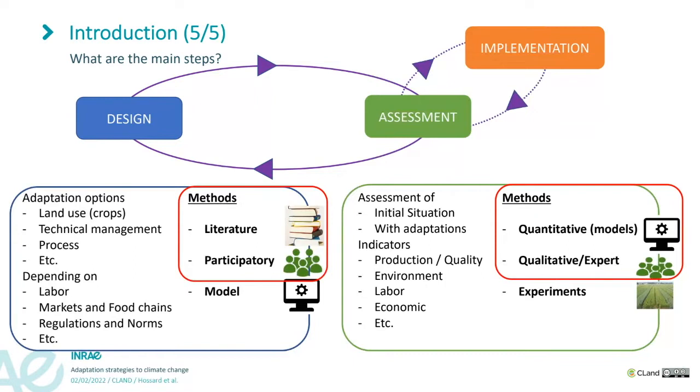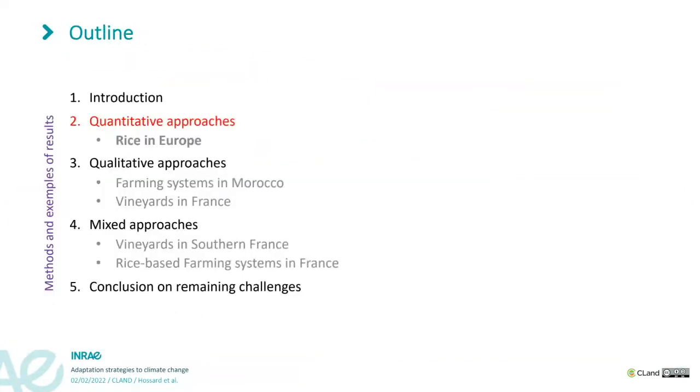In my presentation, I will not give you examples for all, and for design, I will focus on methods using literature and participatory approaches, and for the assessment on quantitative and qualitative approaches. So let's go for the first type of example. On the quantitative approaches, meaning based on models, as I said before, I will talk to you about rice in Europe.